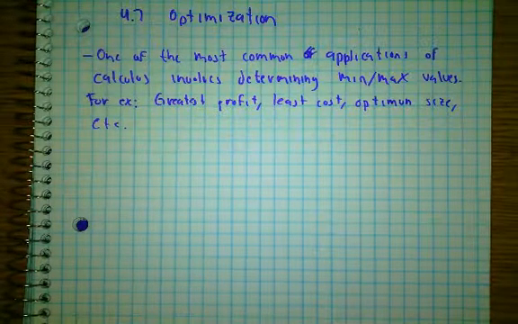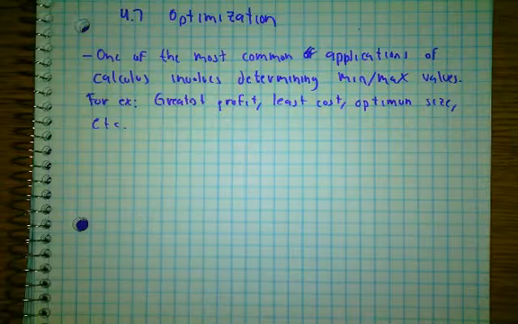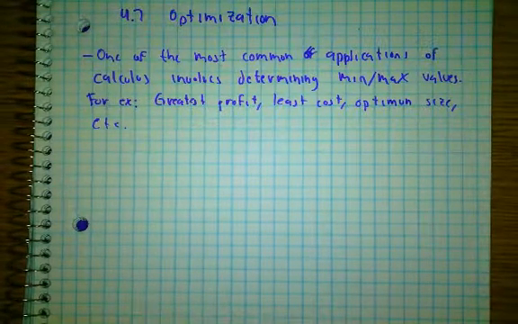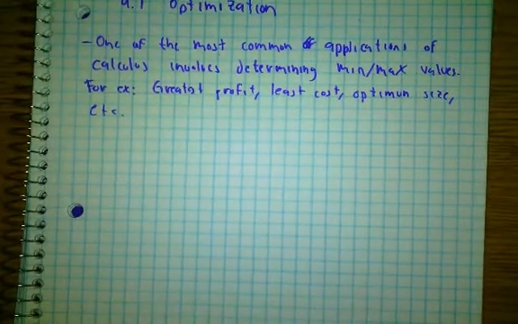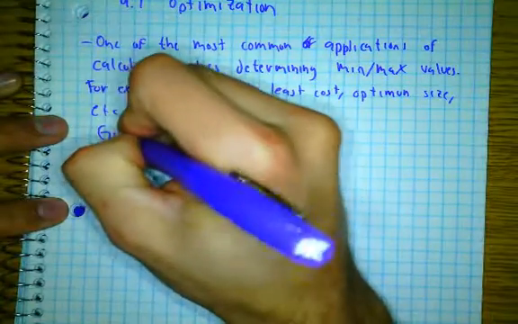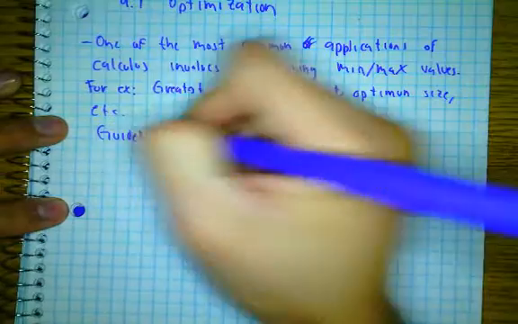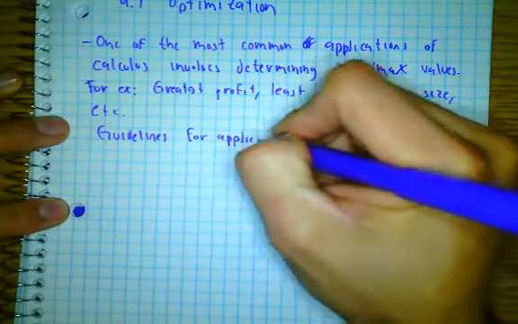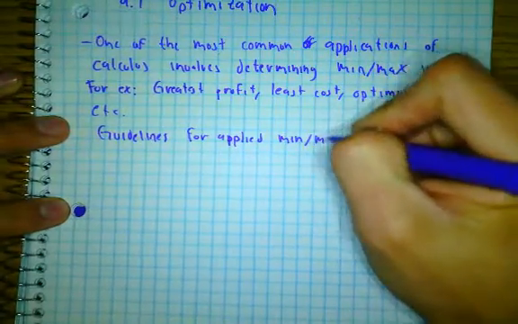We can use calculus to find out what would be the optimum solution for whatever problem we're given. So I'm going to give you some guidelines that you can use for applied minimum or maximum problems.